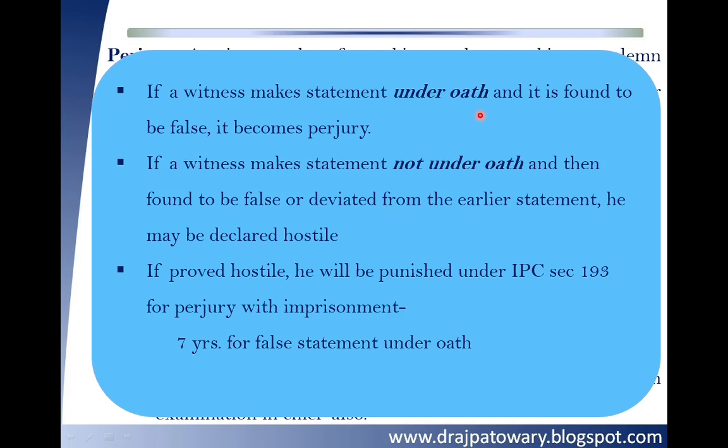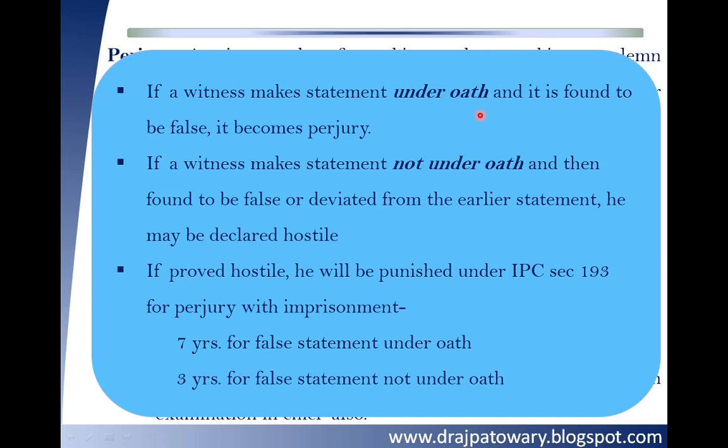Then the punishment will be 7 years. And if the earlier statement was false and not under oath, and now he is telling the truth, then the punishment will be 3 years. So I think this clears it.